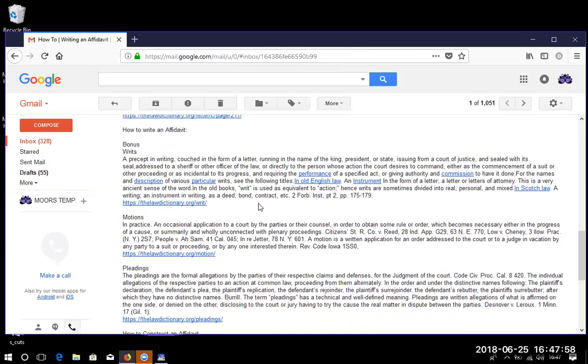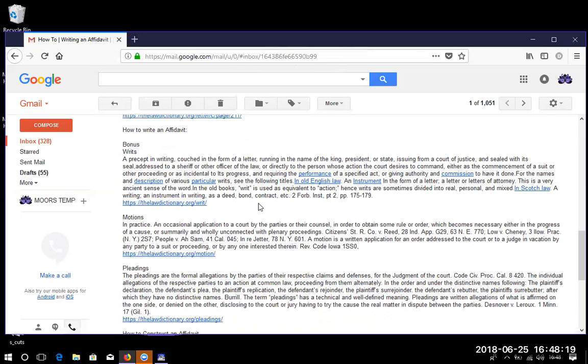Motions. In practice, an occasional application to a court by the parties or their counsel in order to obtain some rule or order which becomes necessary either in the progress of a cause or summarily and wholly unconnected with plenary proceedings. Citizen Street, R. Co. versus Reed. All right.